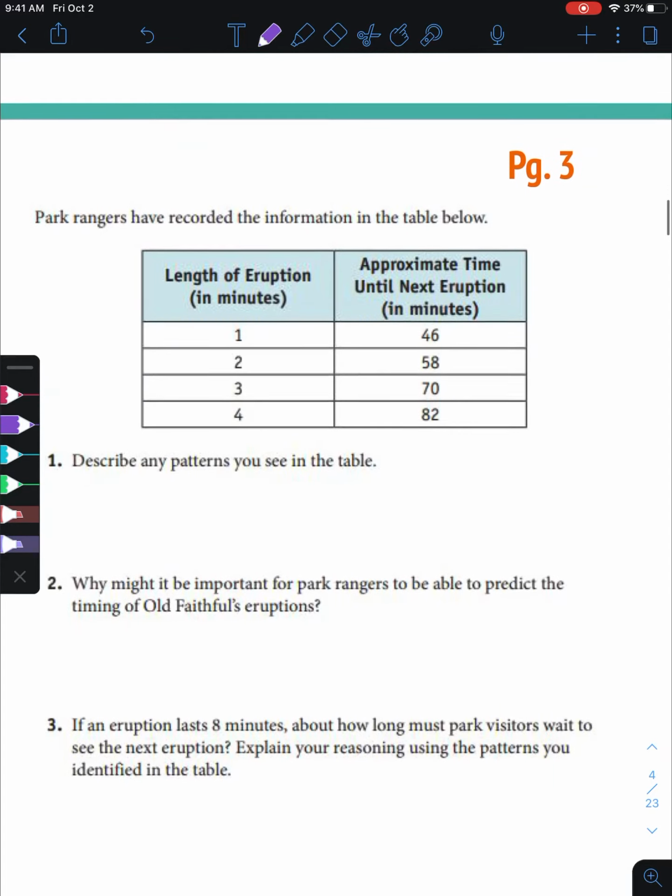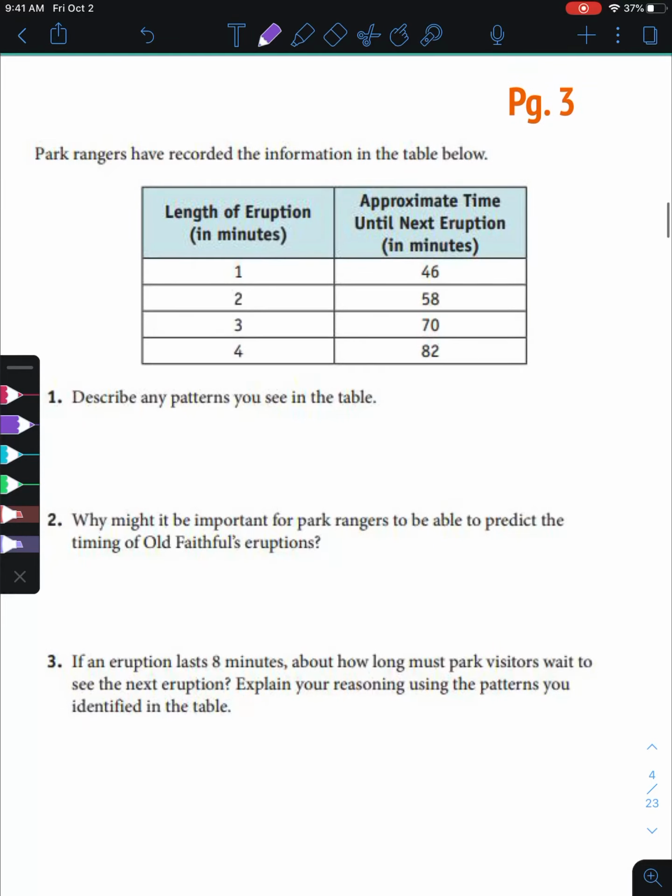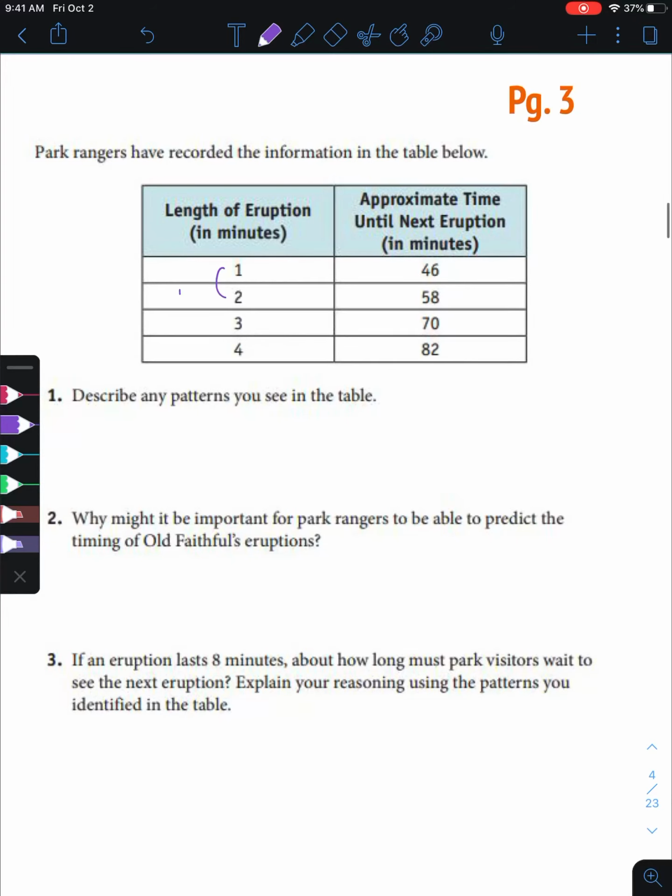Okay, so number 1. First down here, park rangers have recorded the information in the table below. So we just read that the park rangers have been able to predict the time until the next eruption and the length of the eruption. Describe any patterns you see in the table. All right, so in the left column, the first pattern that I see is this always increases by 1.